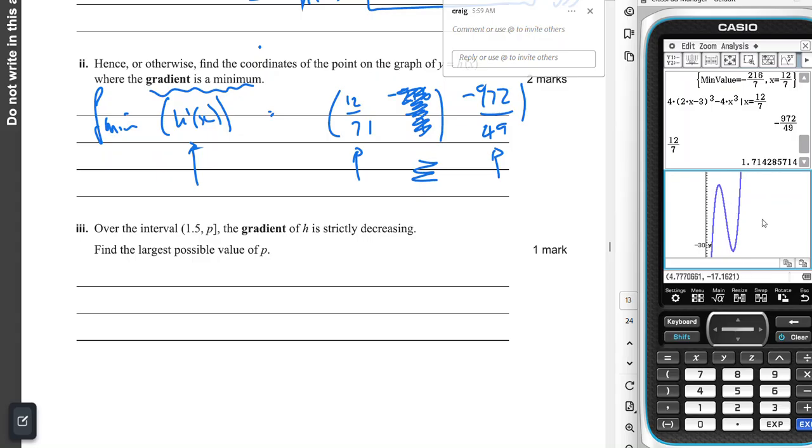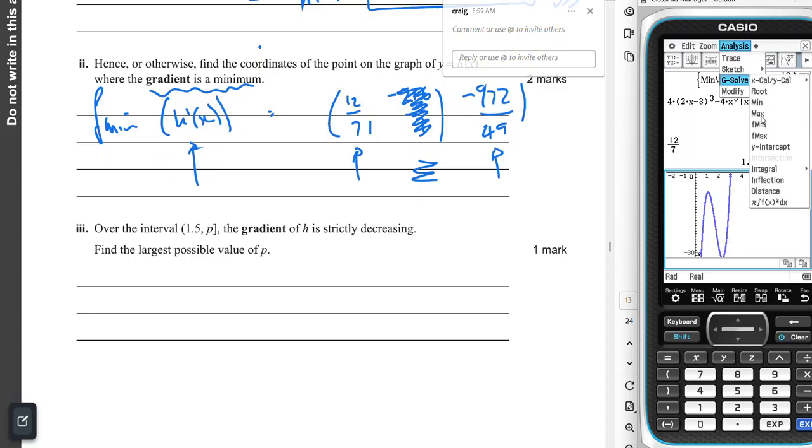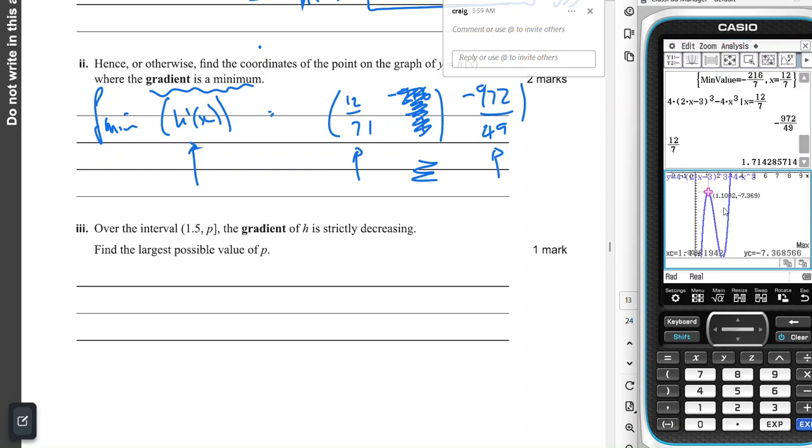Okay, 1.1, there it is there. And the gradient here, that graph is at the minimum. So there's the max, the min, and the inflection. So there's my inflection, and that's the point we're looking at, 1.71.